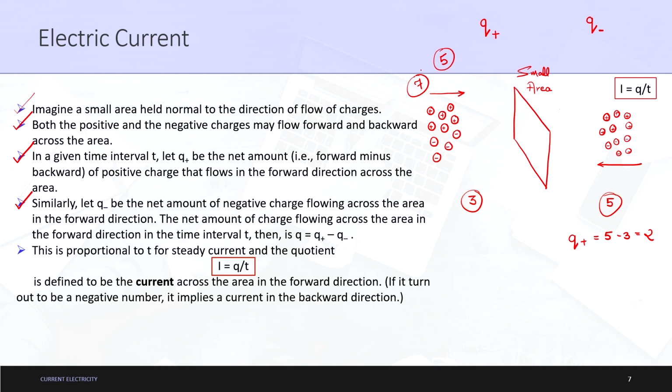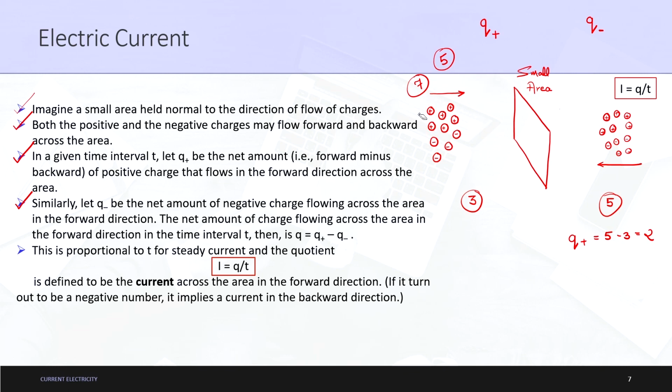There were 2 charges in this direction that were kept at rest. In the first line we understood this concept that electric current is only and only produced due to those charges which are in movement. Therefore these 2 charges which were not moving were not helping in constituting or producing an electric current.